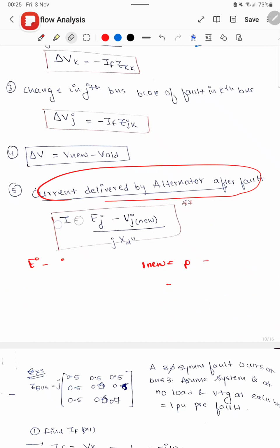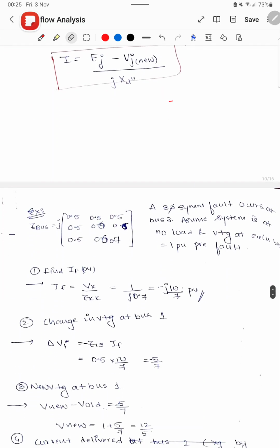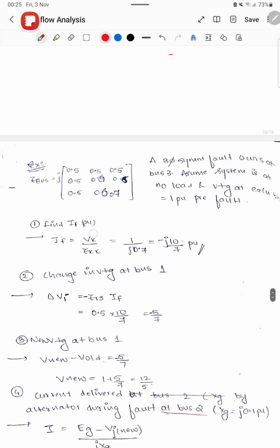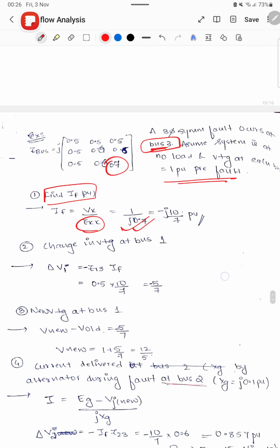Fine. Okay, now let's go ahead and see one of the examples dealing with all the cases discussed above. So here basically Z-bus is given, and a three-phase symmetrical fault occurring at bus 3 is given. Assume the system is at no load and voltage at each bus is 1 per unit. Find I fault per unit. So the fault is at bus 3, so it would be Z33, which is 0.7, and you get the fault current.